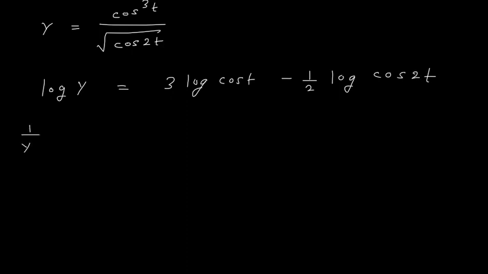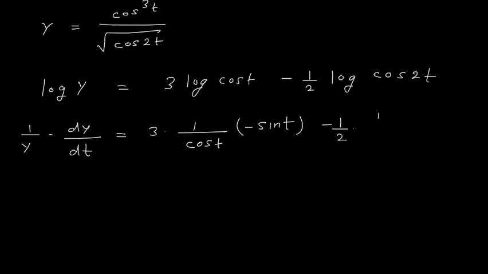So the derivative will be 1 upon y into dy upon dt is equal to 3 into 1 upon cos t into the derivative of cos, which is minus sin t, minus 1 upon 2 into 1 upon cos 2t into the derivative of cos 2t, which is minus 2 into sin 2t.